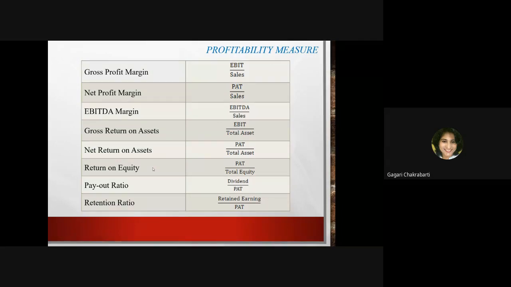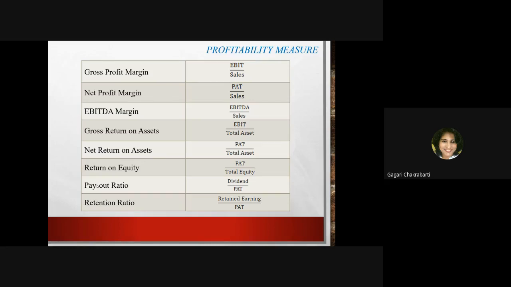So this payout ratio is defined as dividend per unit of profit after taxes. So how much of total net profit is being distributed as dividend? And this retention ratio is nothing but 1 minus the payout ratio. So the higher the payout ratio, the lower will be the retention ratio.